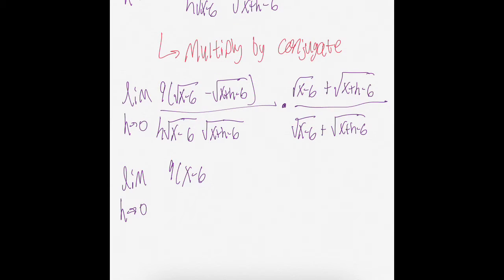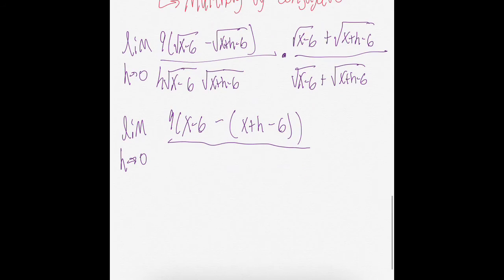I'm going to be left with 9 times x minus 6, and then minus, parentheses, the square of the other one, x plus h minus 6, all of that over, okay, this denominator is going to be a bit of a pain.